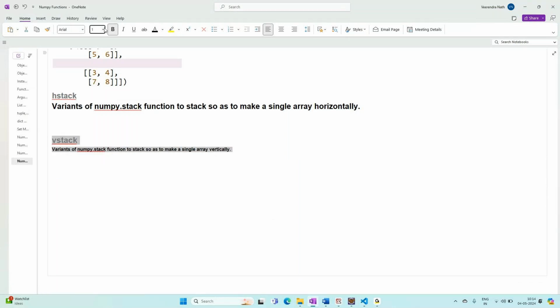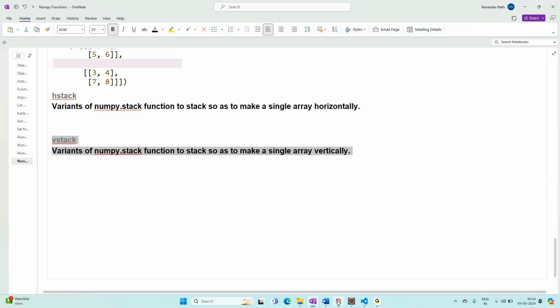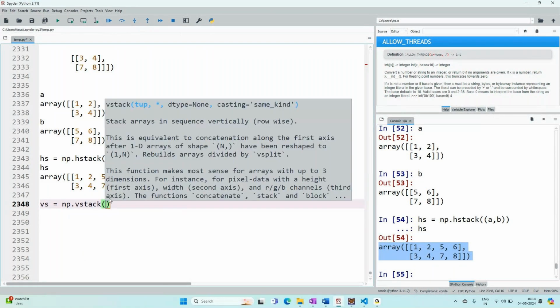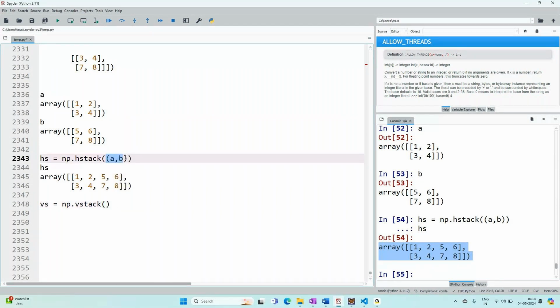Similar to stack only, but some small differences. Now Vs is equal to np dot v stack, same a comma b, and then I'll say Vs. Now tell me what happened.